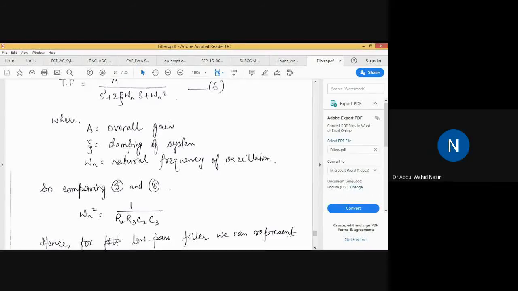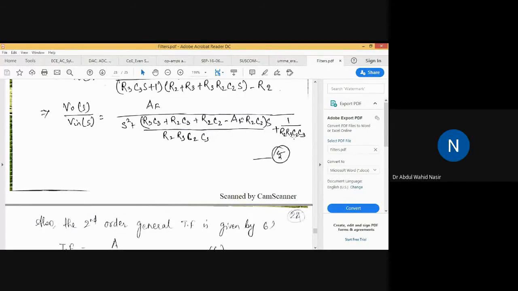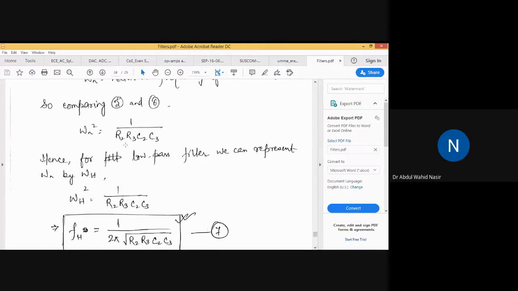Comparing 5 and 6, you can see the last term of the denominator, omega n square, and in equation number 5 it is 1 by R2, R3, C2 and C3. If you compare that, you can write omega n square as 1 by R2, R3, C2, C3. Hence for a low pass filter we can represent omega n by omega h, the high cutoff frequency.